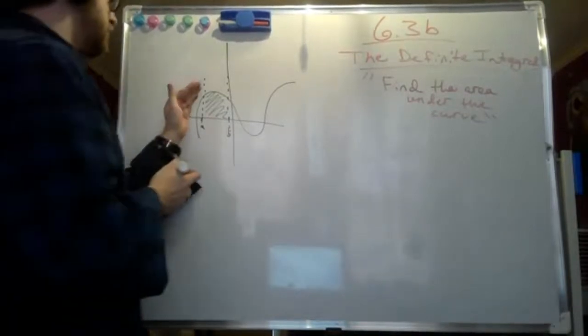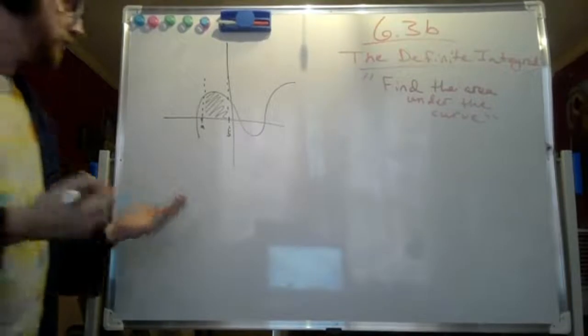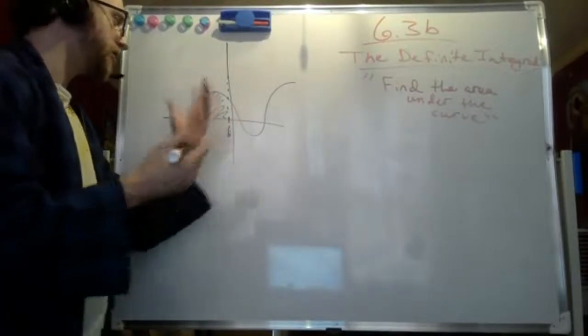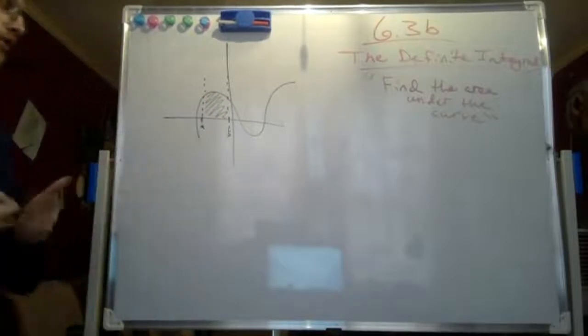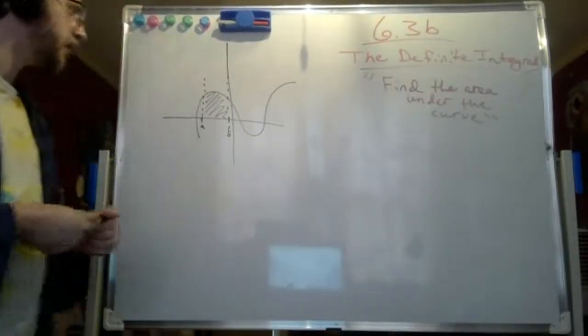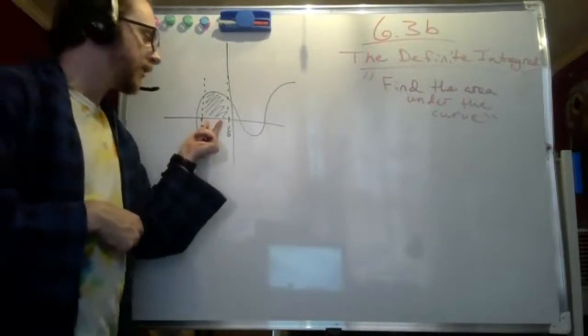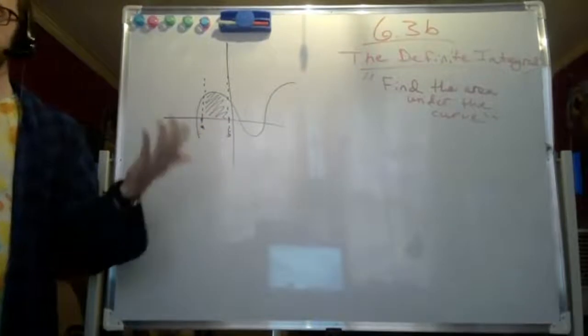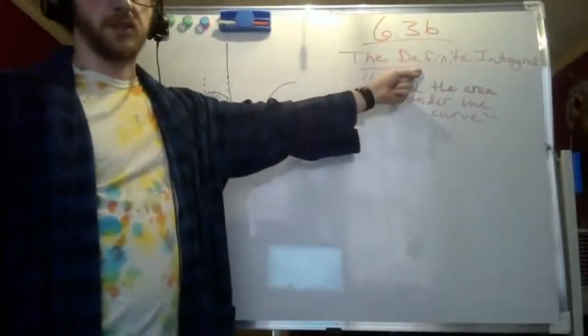It's got this strange curve on the top. It's not a half circle. There's just a curve at the top. So using a circle formula for area is not going to help us here. In fact, we don't have any equation that will give us the area for such a shape. This is where the definite integral comes into play.